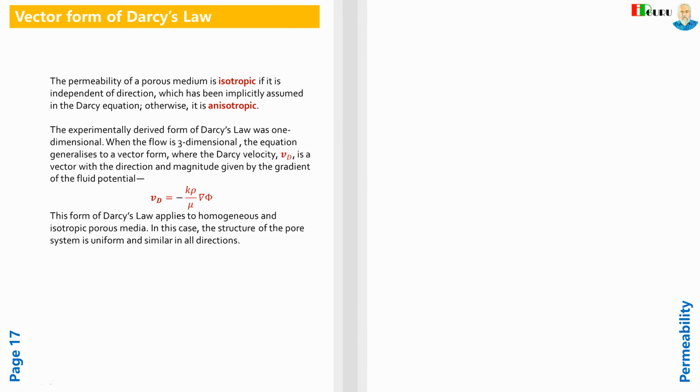The permeability of a porous medium is isotropic if it is independent of direction, which has been implicitly assumed in the Darcy equation. Otherwise, it is anisotropic. The experimentally derived form of Darcy's law was one-dimensional.